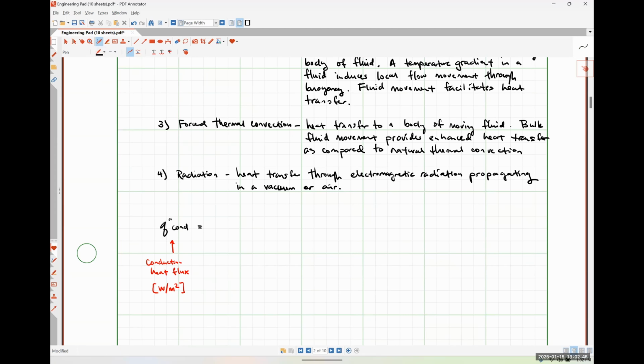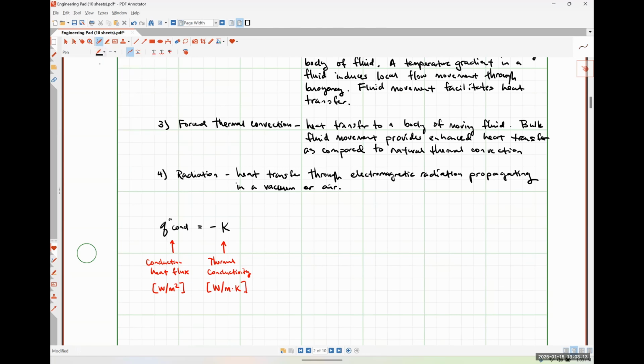And this is equal to negative capital K, where capital K is our thermal conductivity, measured in watts per meter Kelvin.